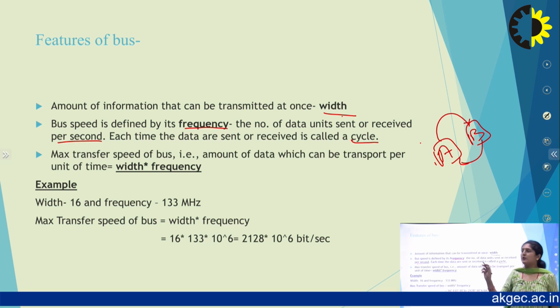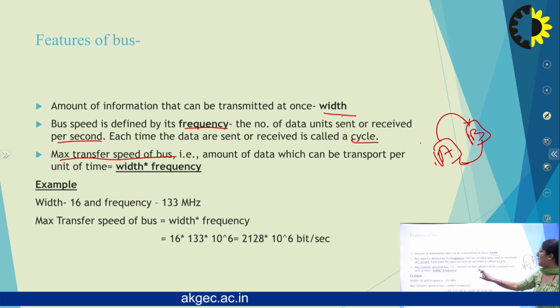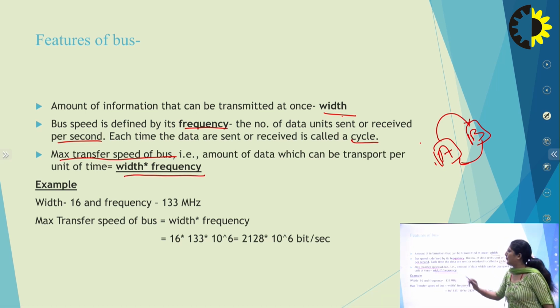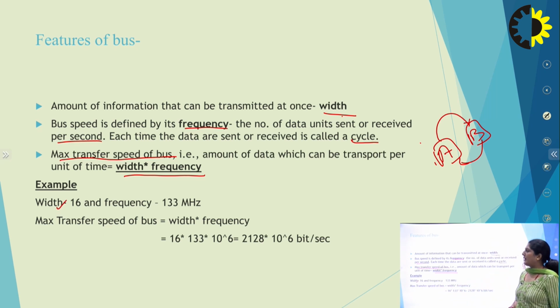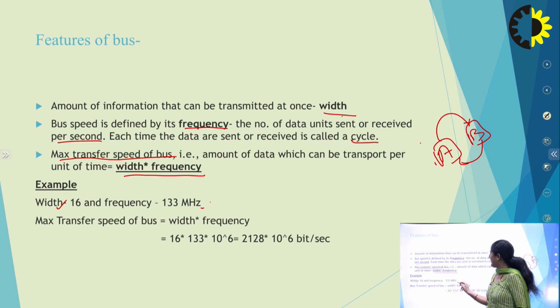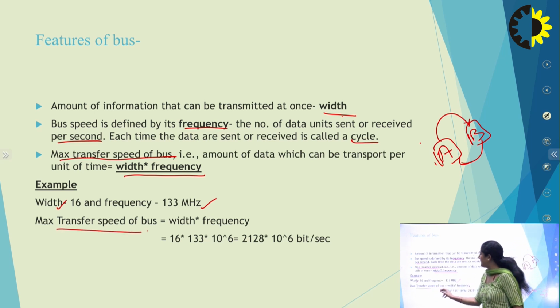So from these two terms we can calculate the maximum transfer speed of the bus, that is the amount of data which can be transported per unit of time, that is width times frequency. Sometimes examples come where the width of the bus or devices and the frequency are given, and we have to calculate the maximum transfer speed of the bus.